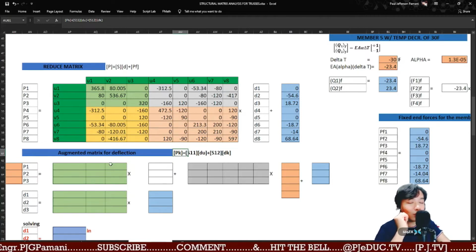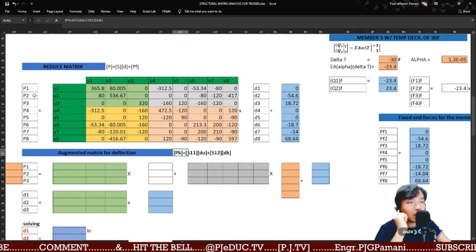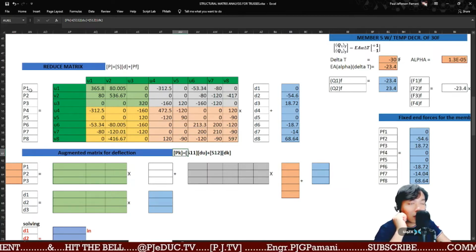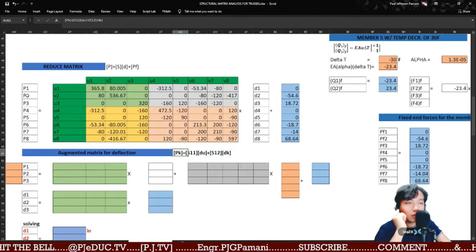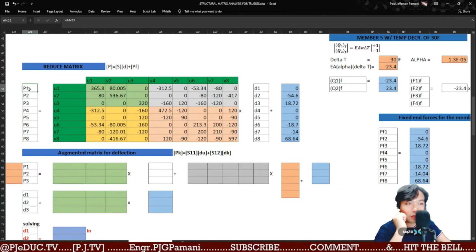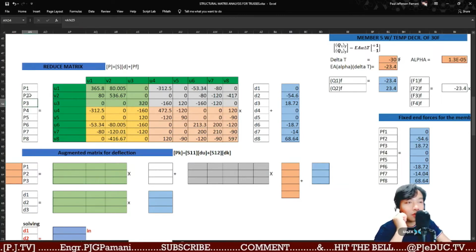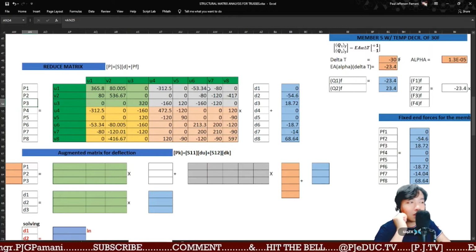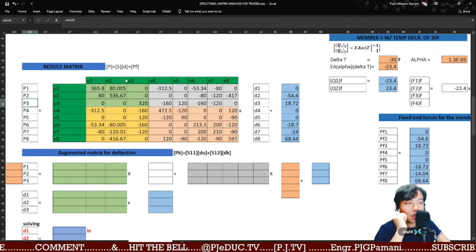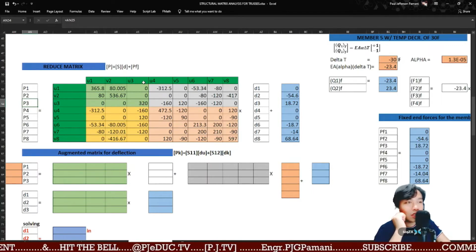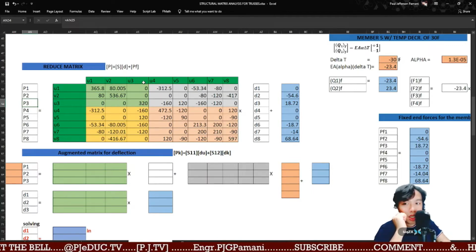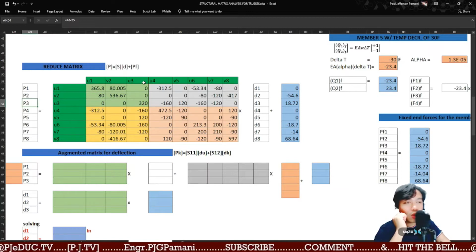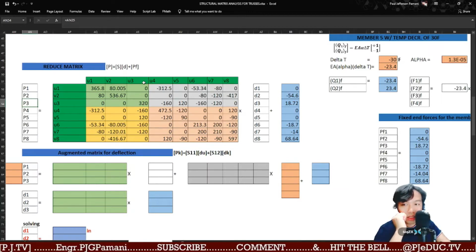Saan natin kukunin yan? Remember that we have three known forces, P1, P2, and P3. Ito yan, di ba? So with that, itapat lang natin yan sa ating structure matrix. Hanapin mo yung 1, 2, 3 na row and 1, 2, 3 na column. That will then be your S11.